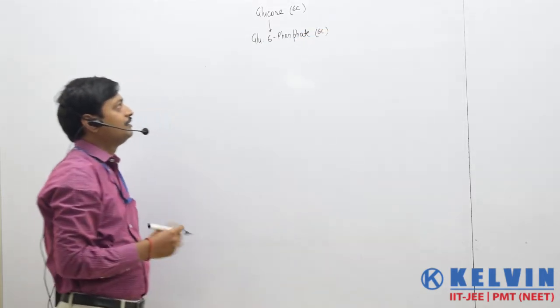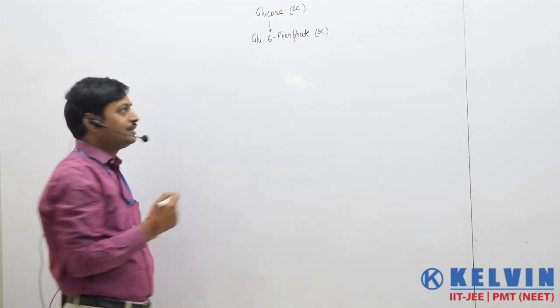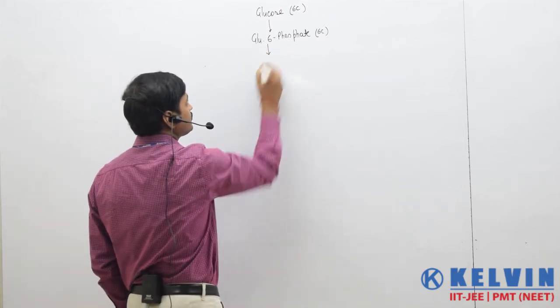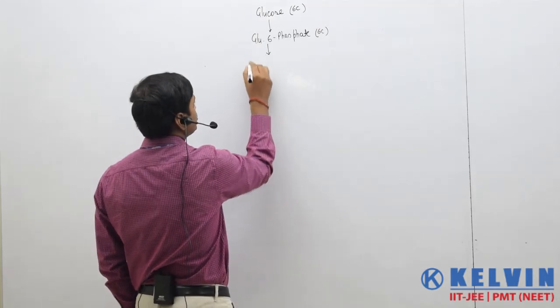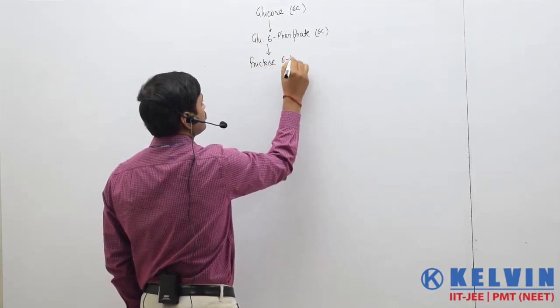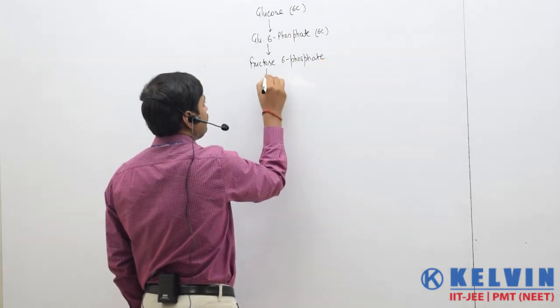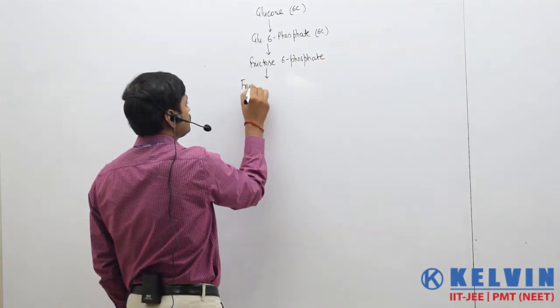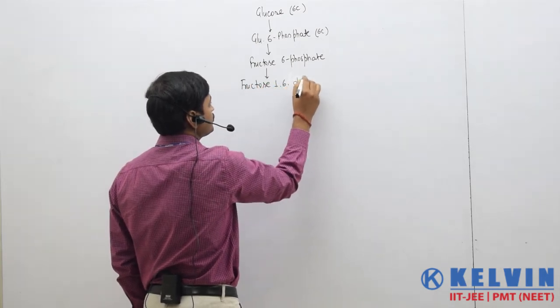And for that glucose 6-phosphate, I have just completed all the reaction. Glucose 6-phosphate will change into fructose 6-phosphate. It will change into fructose 1,6-diphosphate.